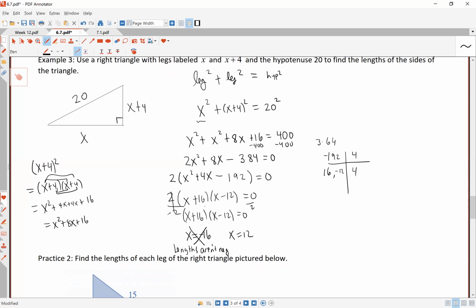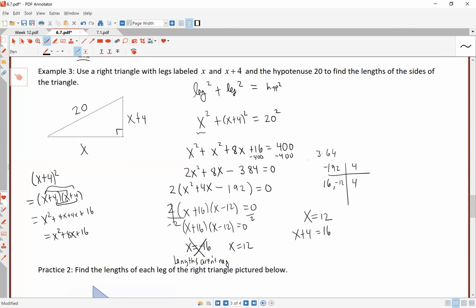So we cross that one out and we say x equals 12. X plus 4 is 16. And so our legs are 12 and 16.